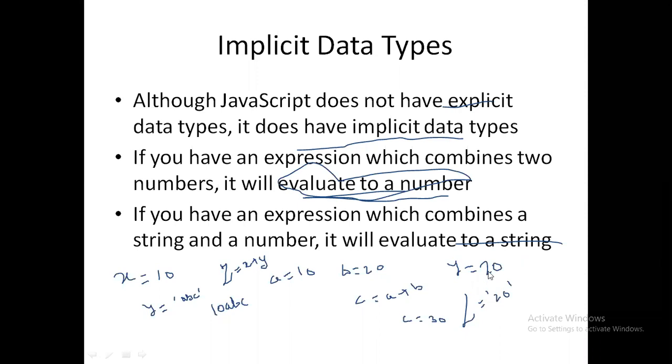Now when you do an operation on this, say x plus y or y plus z, if I say a is equal to y plus z, then what answer am I going to get?